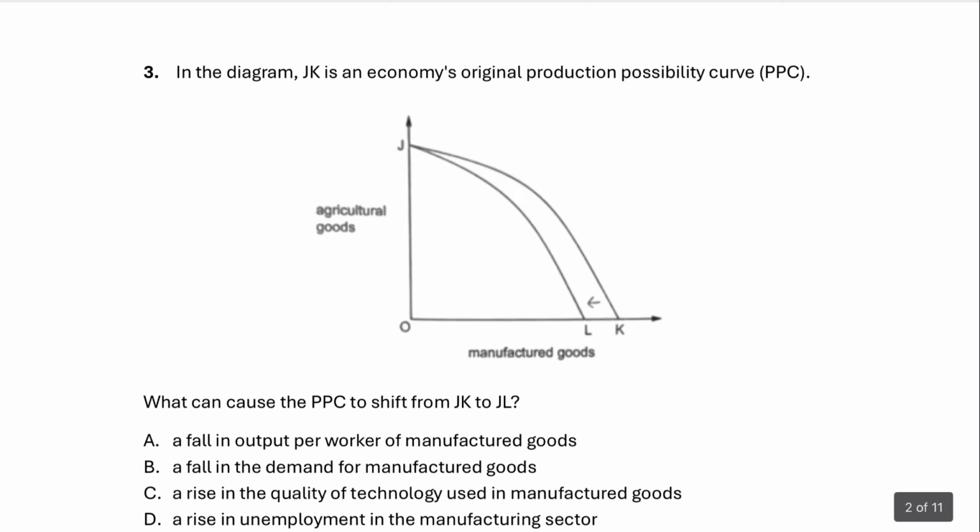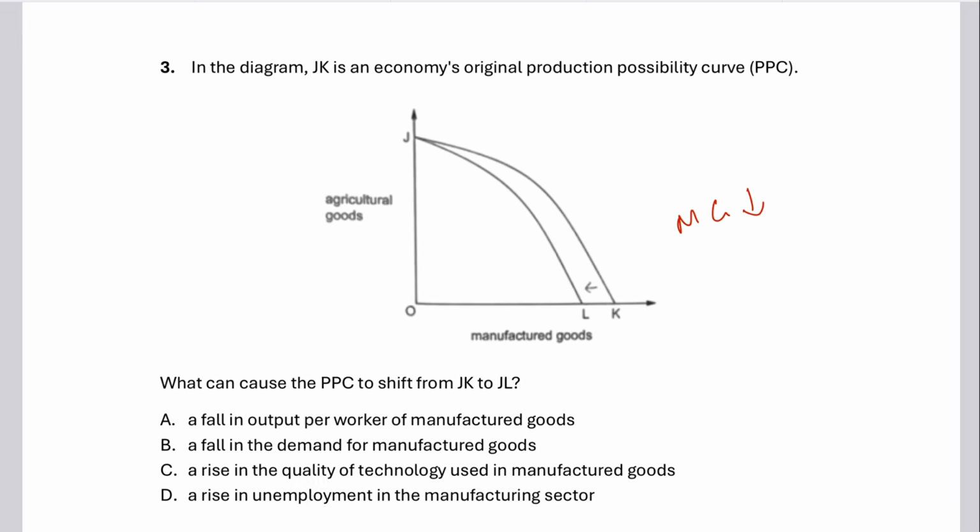Question number 3 says, in the diagram, JK is an economy's original PPC. What can cause the production possibility curve to shift from JK to JL? So the curve is pivoting inwards. What can cause the PPC to shift inwards from JK to JL? So we see that the productive capacity of the manufactured goods is falling only, right?